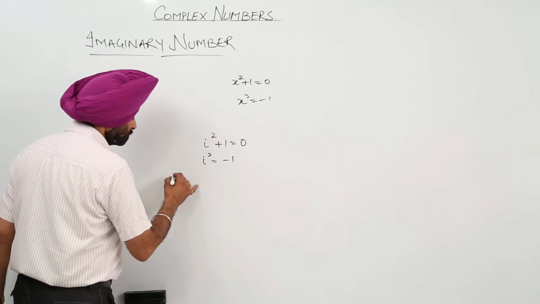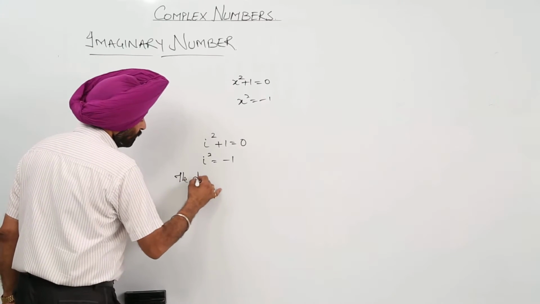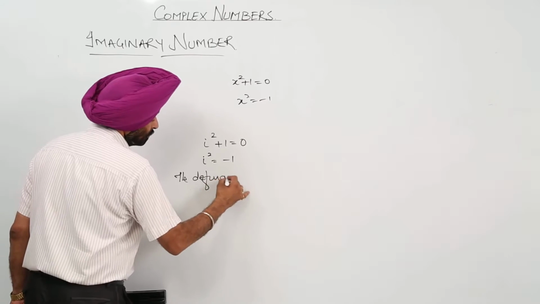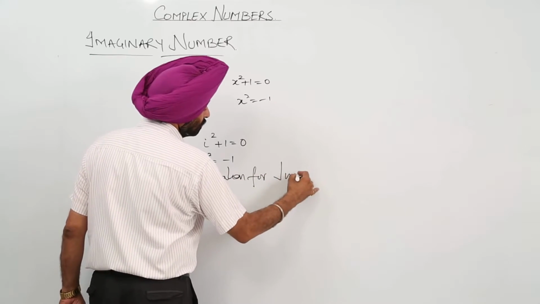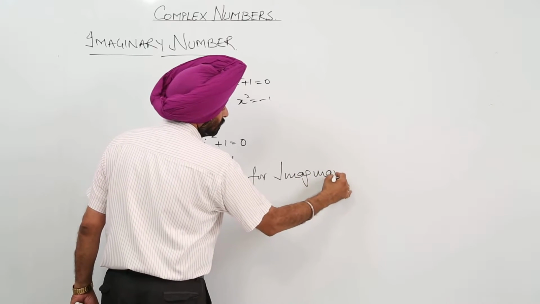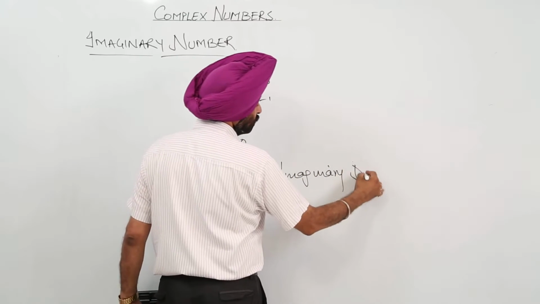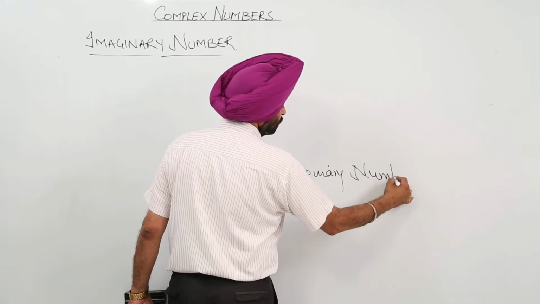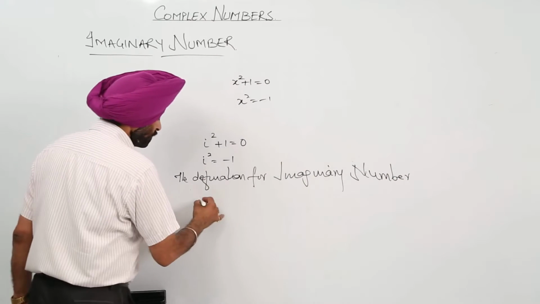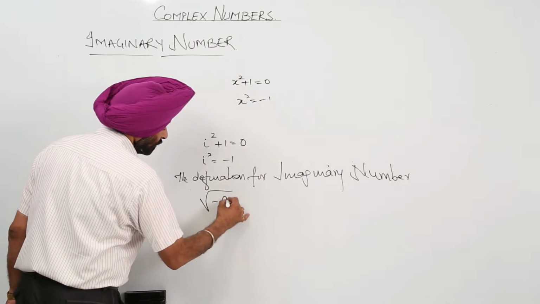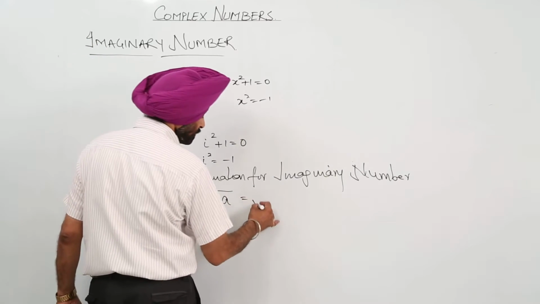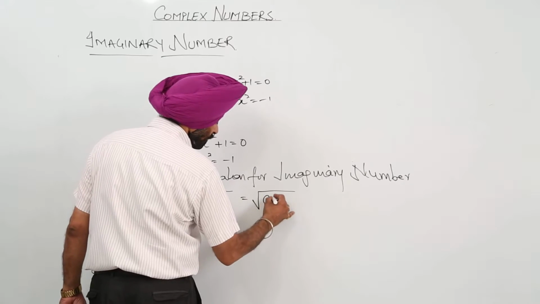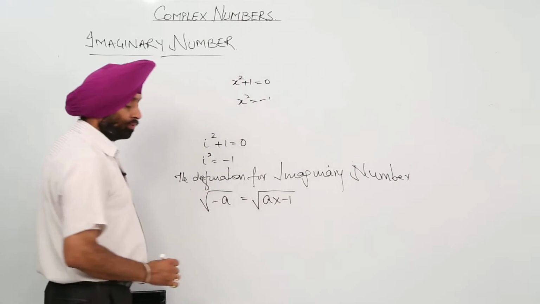Now the definition for this imaginary number: it was given that if we have the square root of negative of a, then we can write this as square root of a times square root of negative of 1.